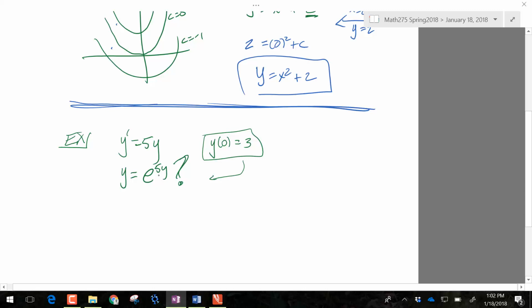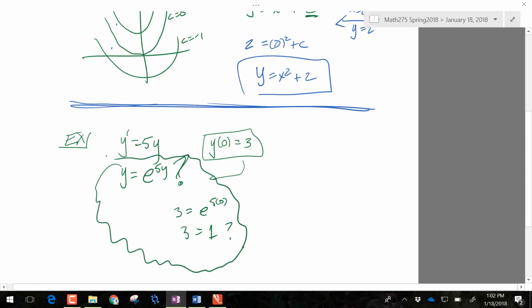So the question is, is this really the solution? When we put 0 in for x and 3 in for y, we're going to get e to the 5 times 0, and so we're not going to get the correct answer. That means we need to somehow generate a family of solutions for this before being able to use the initial condition.